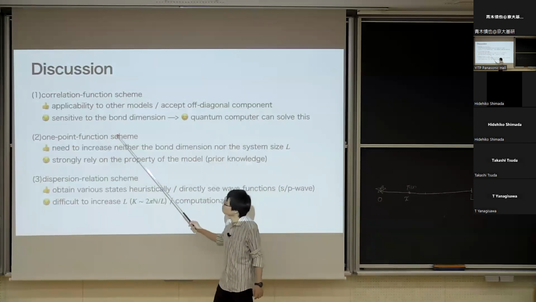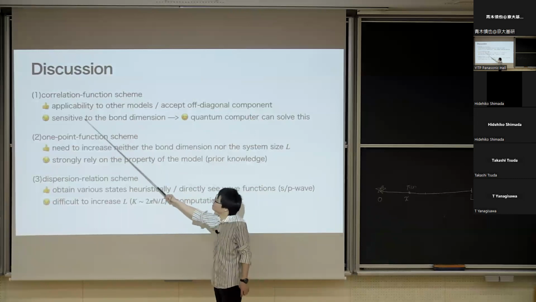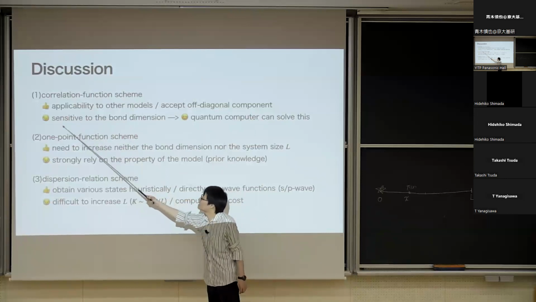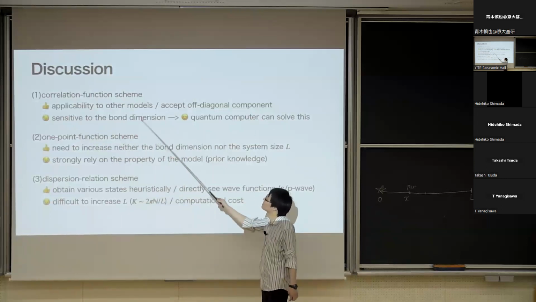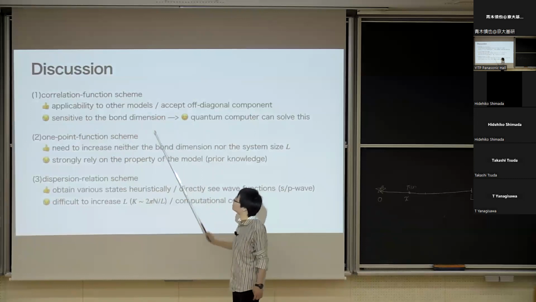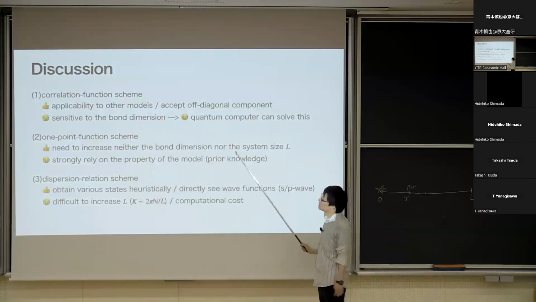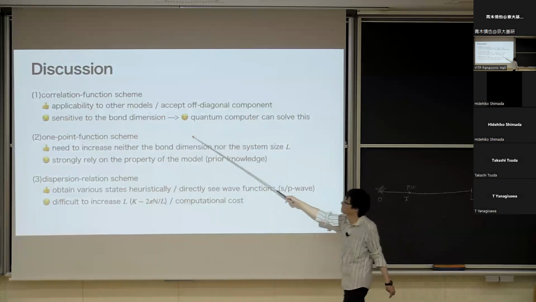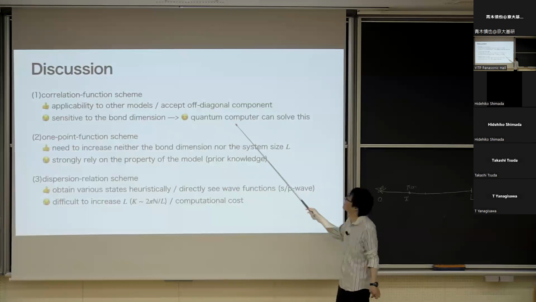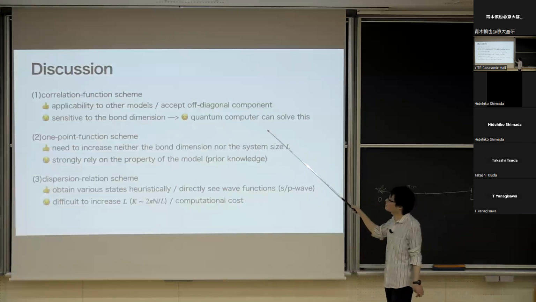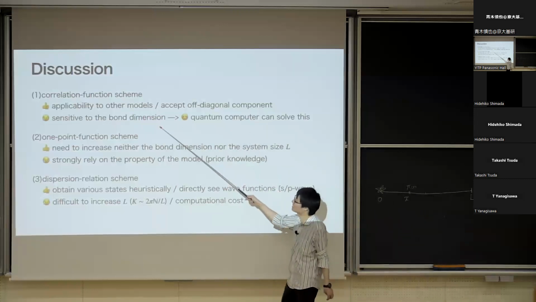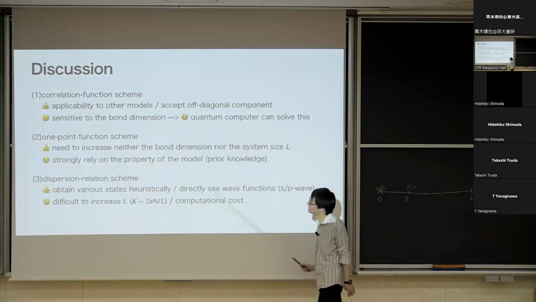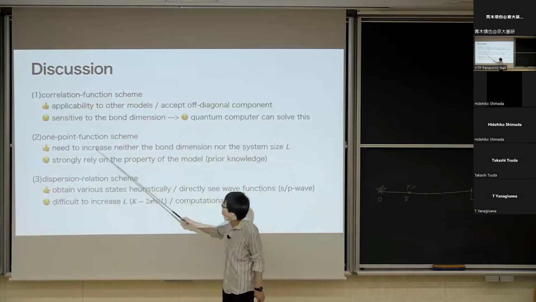But the disadvantage of this method is that it is sensitive to the bond dimension of MPS. I mean, we have to increase the bond dimension. But I expect this disadvantage can be solved by quantum computer, because in a quantum computer we don't need to restrict the bond dimension. It can be infinity.